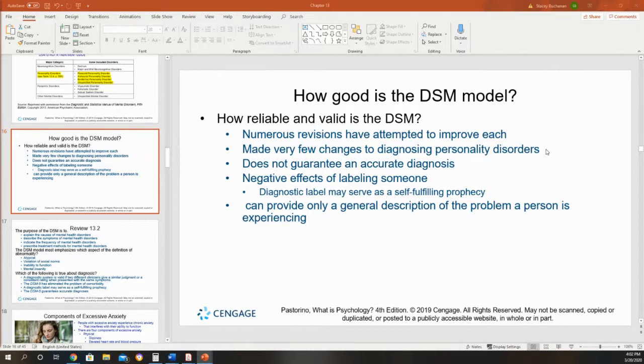And it doesn't guarantee an accurate diagnosis because of this idea of comorbidity. Someone can meet the criteria for more than one disorder and can in turn be diagnosed with both.